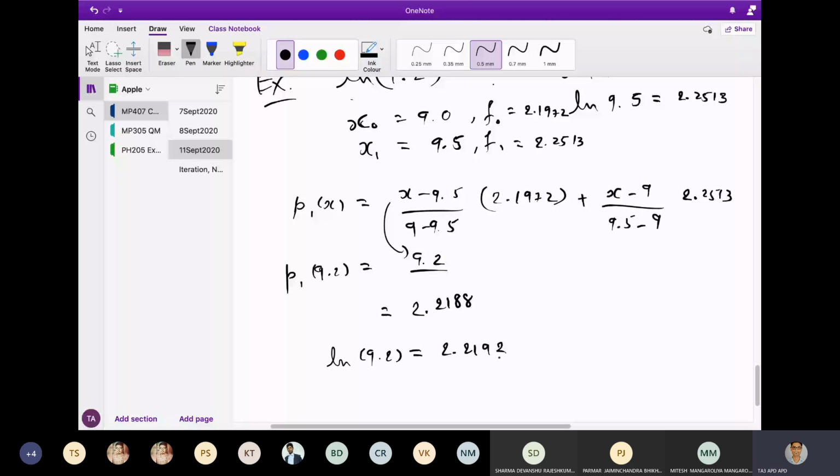So your epsilon t, the true error percentage, is going to be 0.004 divided by 2.2192 into 100%. You can calculate this, whatever it is. Let me just do it, because we shall be doing the second order polynomial next, so that we can see how this error is improving.